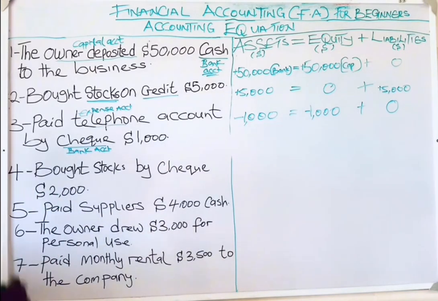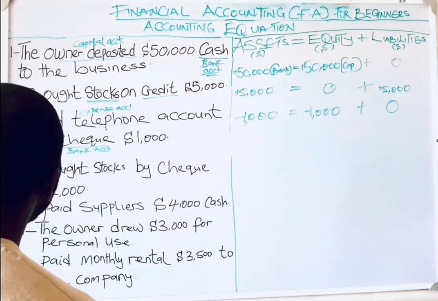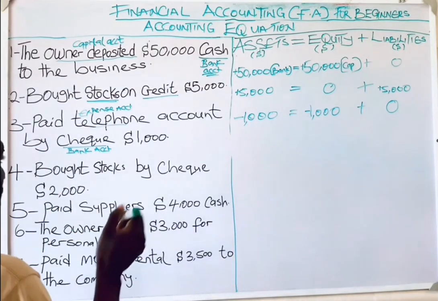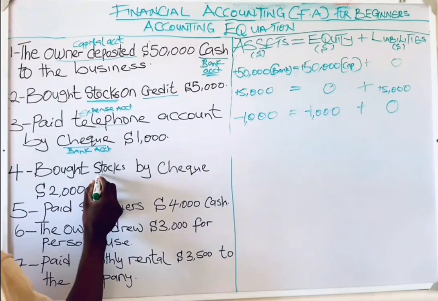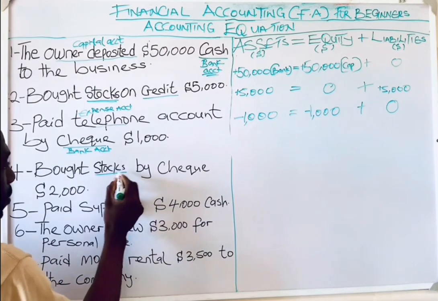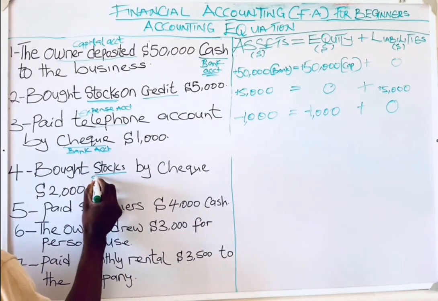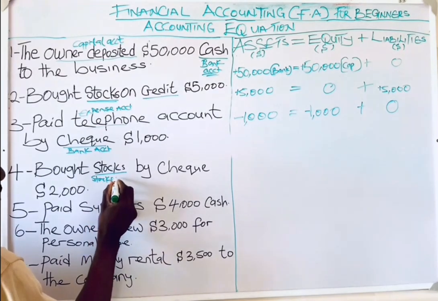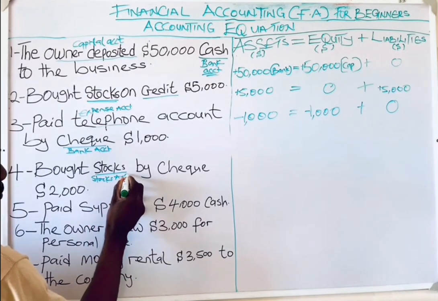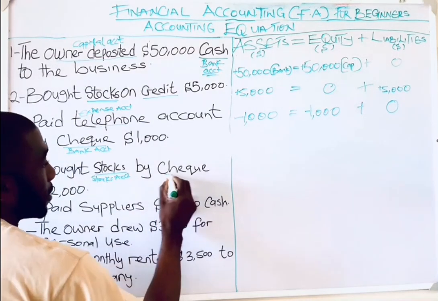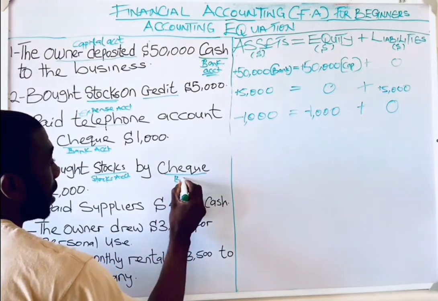$2,000. Now you bought stocks. Let's identify the accounts. Here is stock, the inventory or stocks account, and here is the bank account.